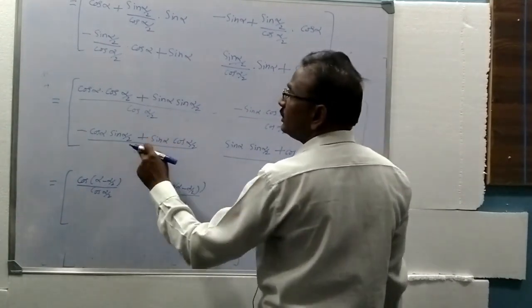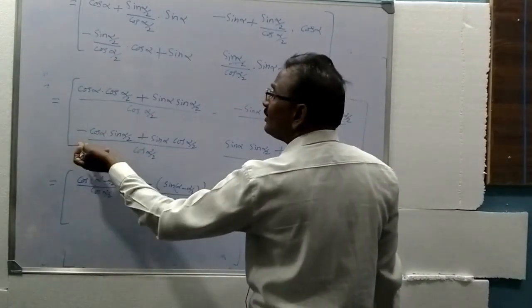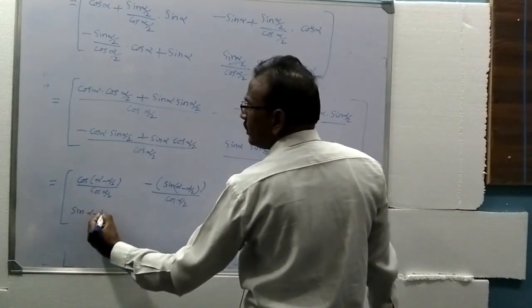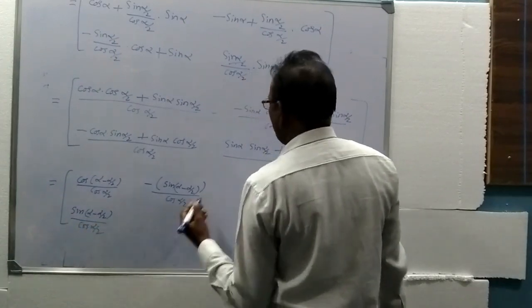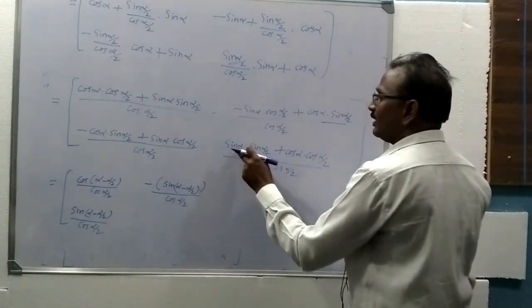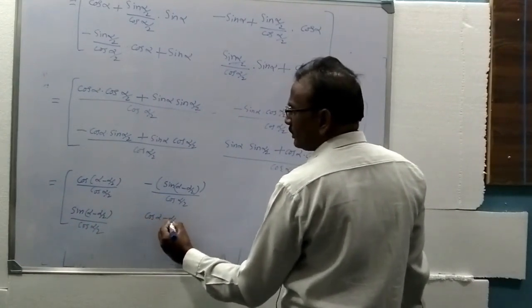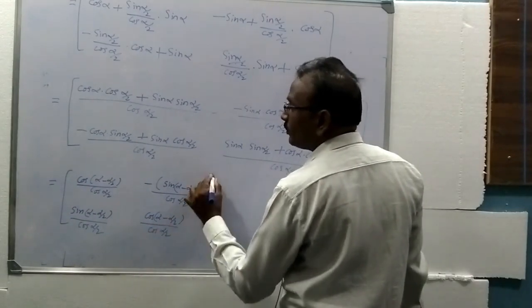Next, this is cos alpha into cos alpha by 2 minus cos alpha into sin alpha by 2, that is sin of alpha minus alpha by 2 divided by cos alpha by 2. Next, this is cos x into cos y plus sin x into sin y, so that is the cos x minus y formula, cos of alpha minus alpha by 2 divided by cos alpha by 2.